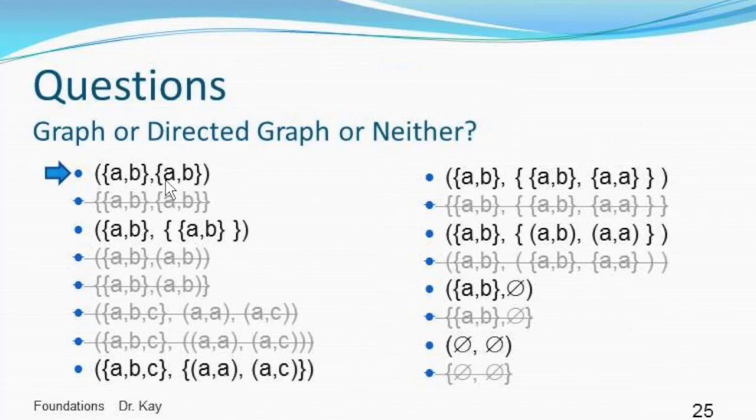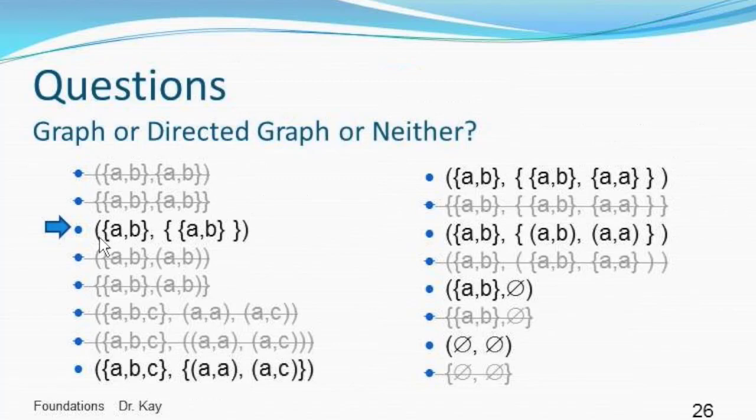And this is a set that contains a set that just has two elements in it. So that's not a graph. We need a set of edges, and that's not a set of edges, so that's not one.